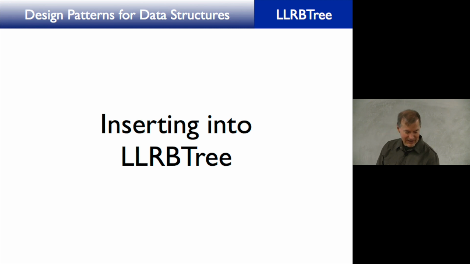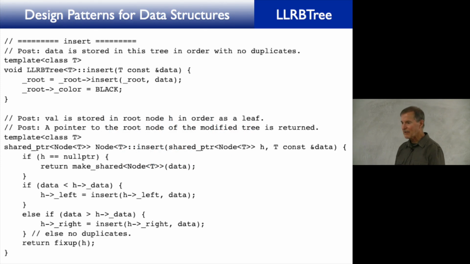Now this is really very slick. Let's take a look at the code for insert. The first method that we have is the tree version of insert. What does it do? It does root gets root arrow insert underscore root comma data.